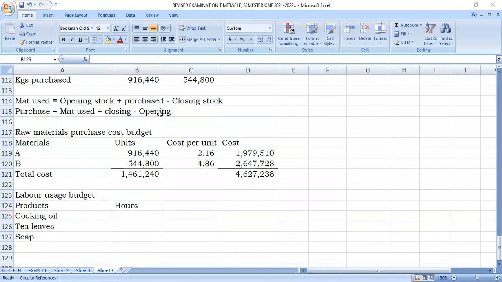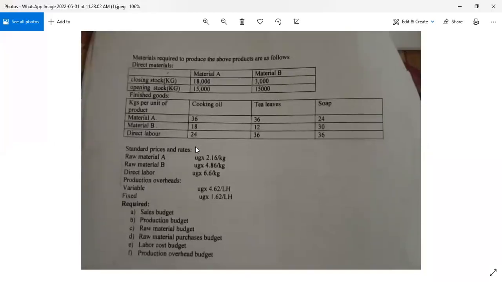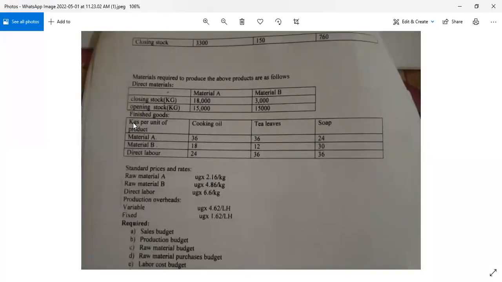So when I come to the question, here they said kgs, but I think we know that all labor is usually in hours. I think they forgot to just say hours. So we're saying hours per unit. For direct labor, you need 24 hours under cooking oil.